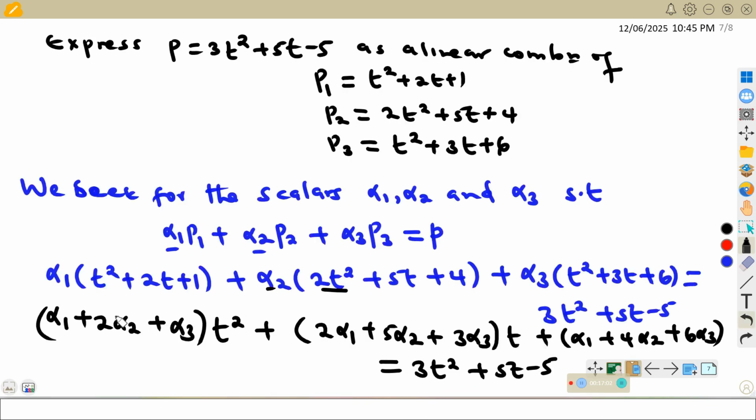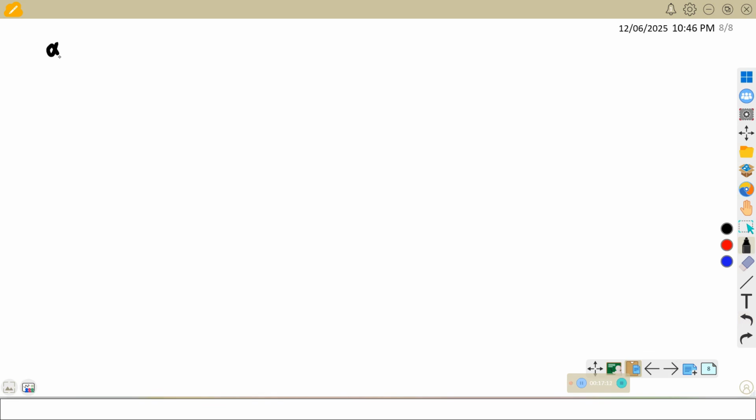So for the coefficients of t squared, we shall have alpha 1 plus 2 alpha 2 plus alpha 3 to give us 3. These are the t squared coefficients.